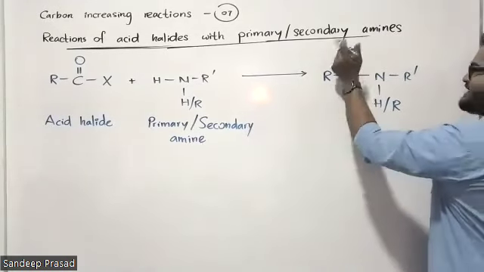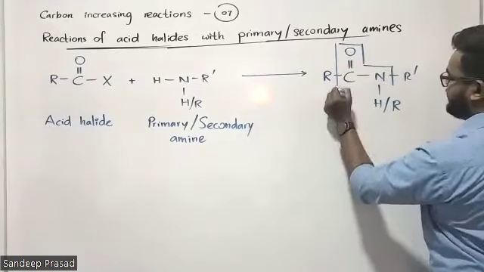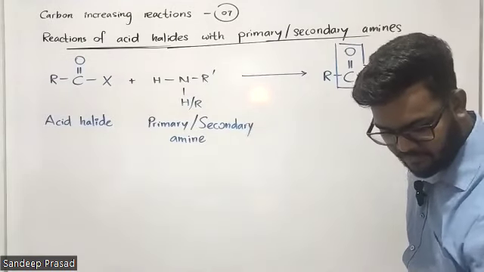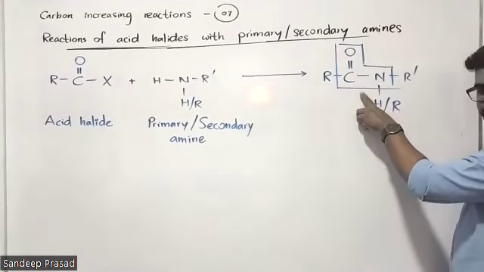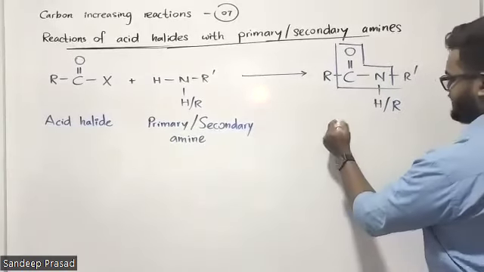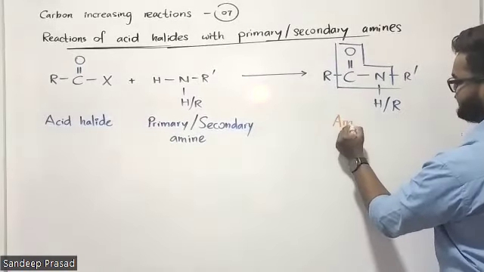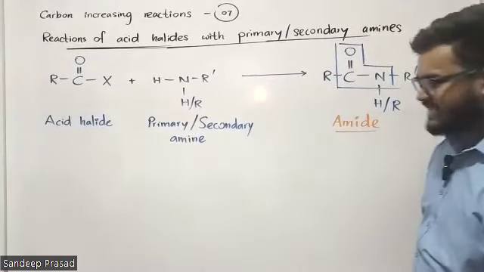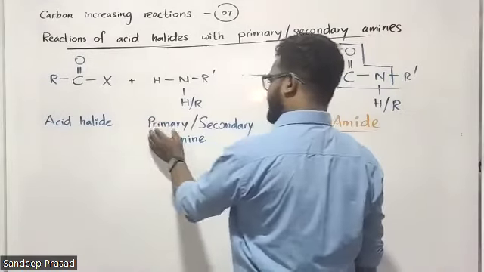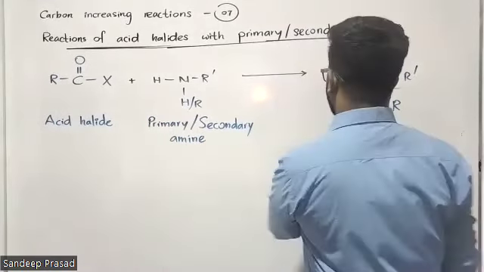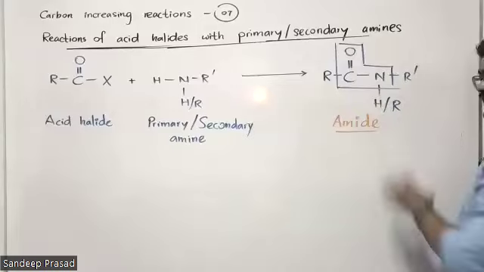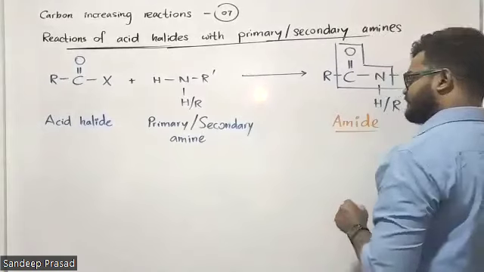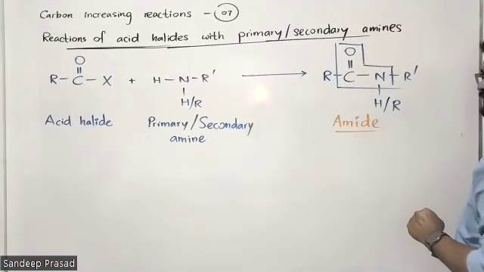Students, can you tell me what this functional group, C double bond O N, is? Yes, this is an amide. That means acid halides react with primary or secondary amines to produce acid amides, right?